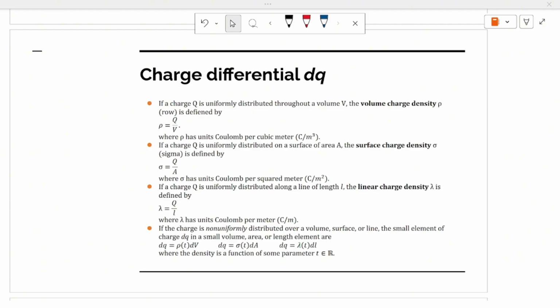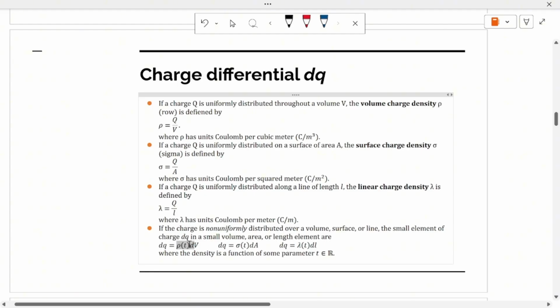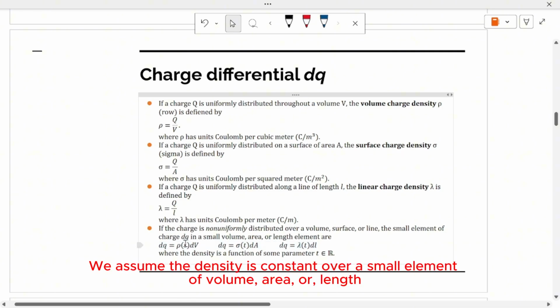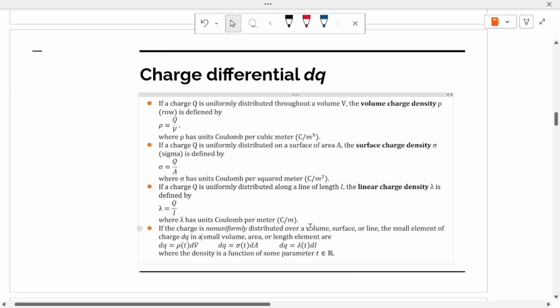If the charge is non-uniformly distributed over a volume, surface, or line, the small element of charge, dq, in a small volume, area, or length, our dq equals rho of some function times dV, which is our small volume element, or sigma of some function times dA, or lambda of some function times dl. And most of the time, they're going to be a function of some distance from a certain point.